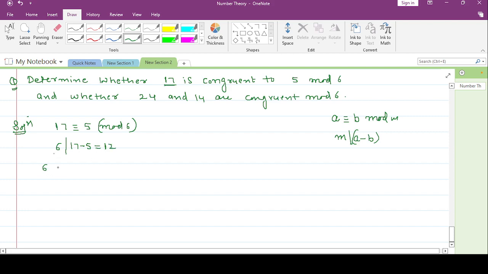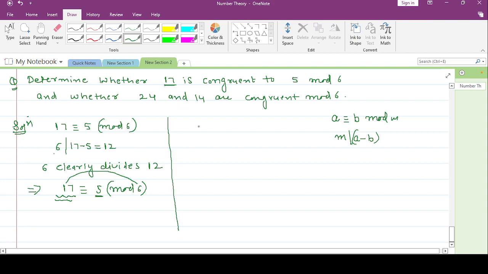So it implies that 17 is congruent to 5 modulo 6. Pay attention: by this we mean that when 17 is divided by 6, the remainder is 5. Now next, you check it for 24 and 14.